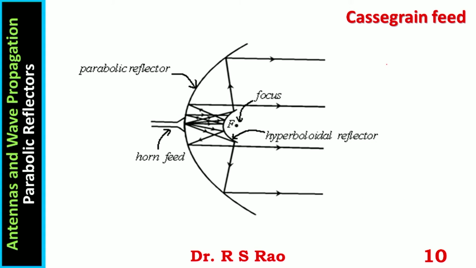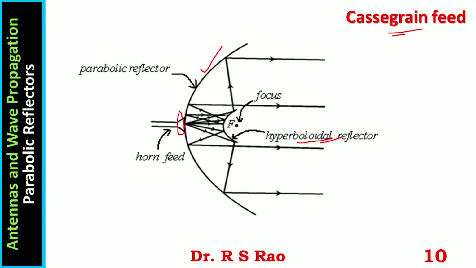Here is shown a simple block diagram of the Cassegrain feed. A primary reflector is there, a parabolic reflector. A secondary one is there, a hyperboloidal reflector. And the feed is here, at the vertex of the primary reflector. The wave comes out of the horn and moves towards the secondary reflector.